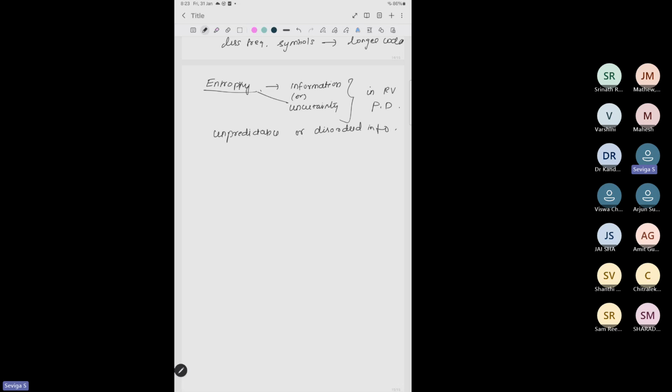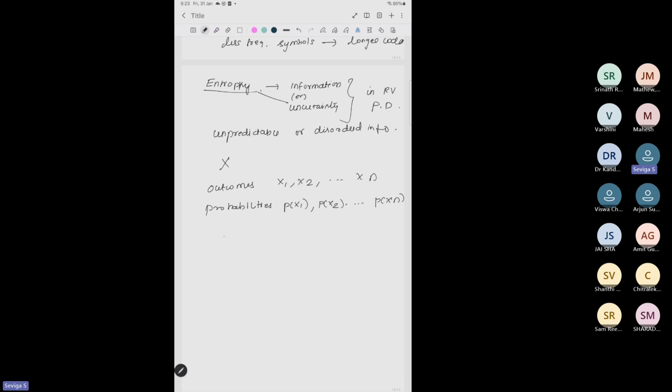Suppose we have a discrete random variable, say X, whose outcomes can be given as x1, x2, up to xn. Their corresponding probabilities can be written as p of x1, p of x2, up to p of xn.